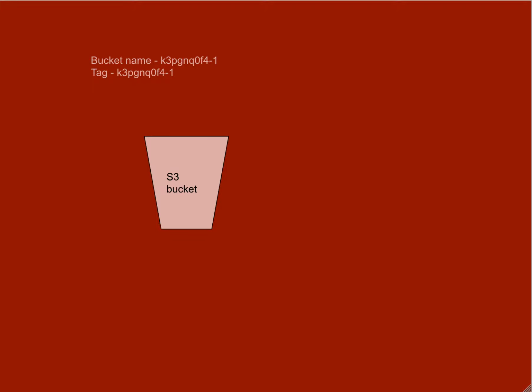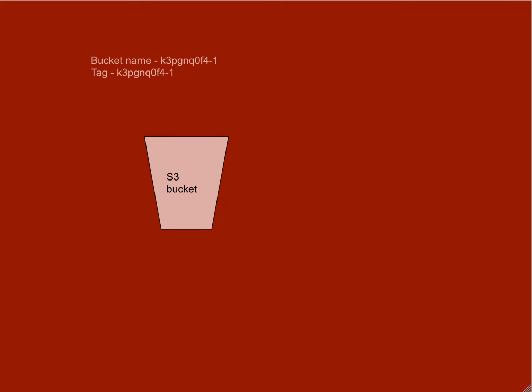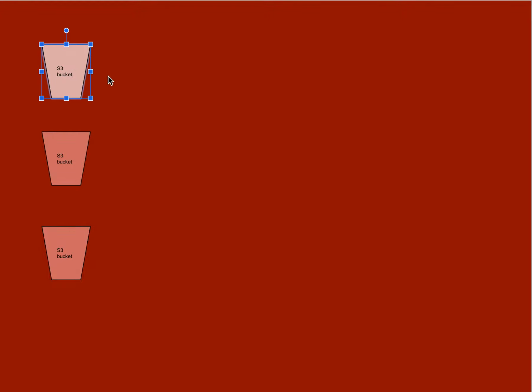So moving on, suppose you have to now create 3 buckets. This bucket got created, so that's why I've given it in lighter red color. So suppose you have to create 3 buckets. What are you going to do?